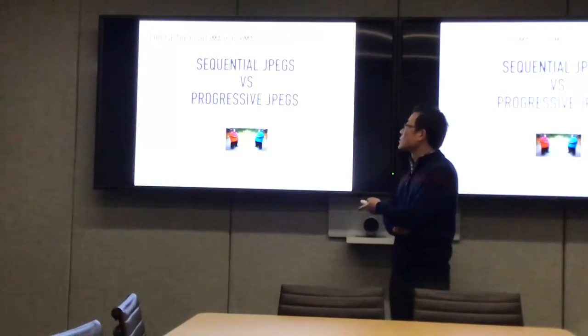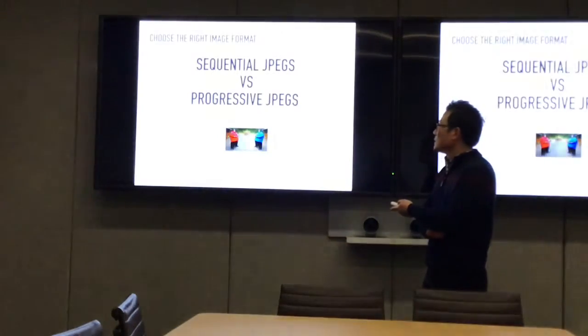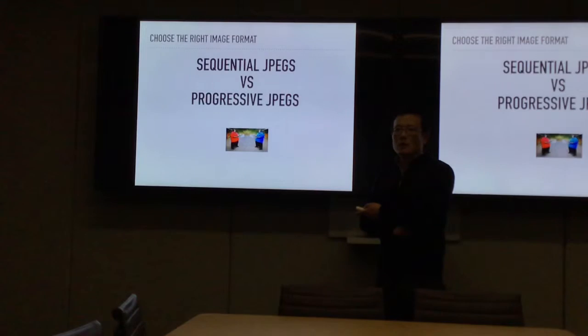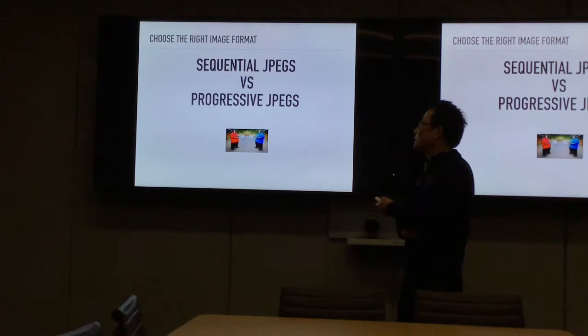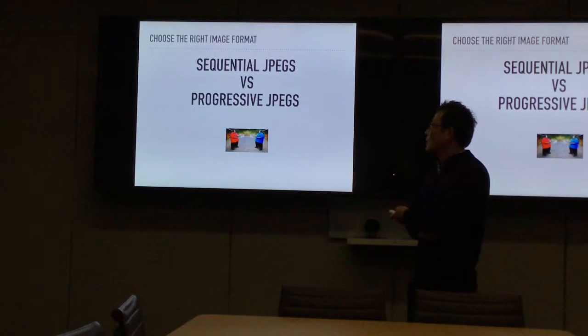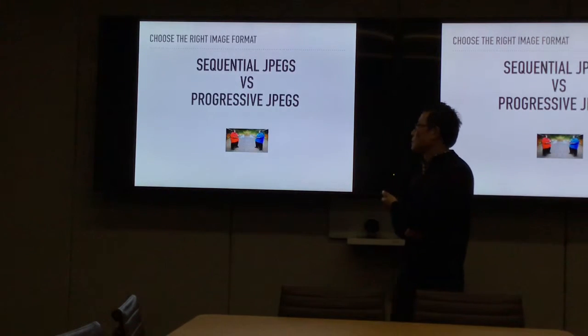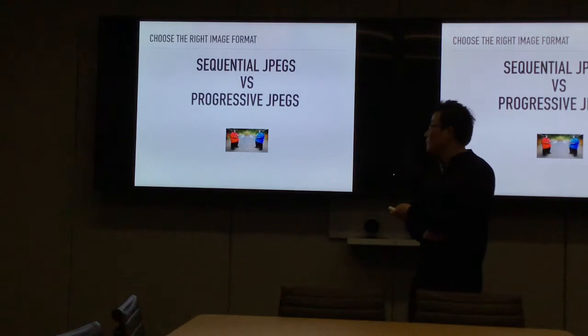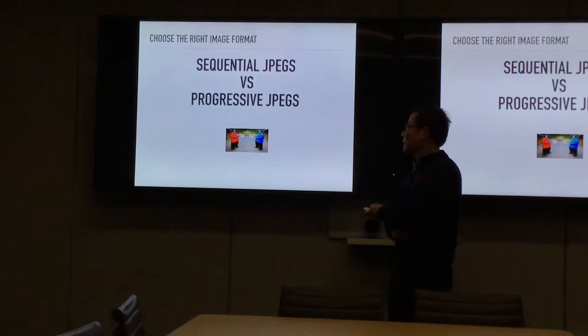One is sequential, one is progressive. I think sequential is the type we use often, and progressive, a lot of people have probably seen more or less before, but don't really know what it is or how to make it. So I'm going to share a few hints for that.